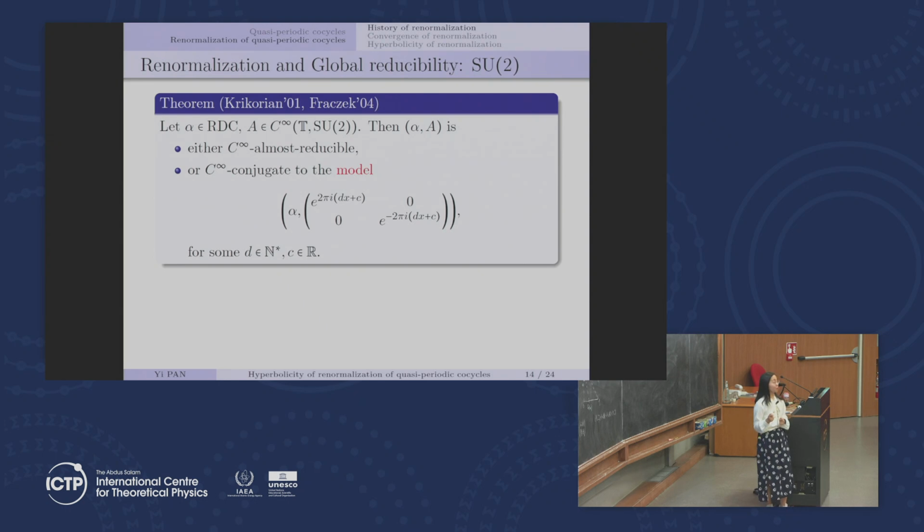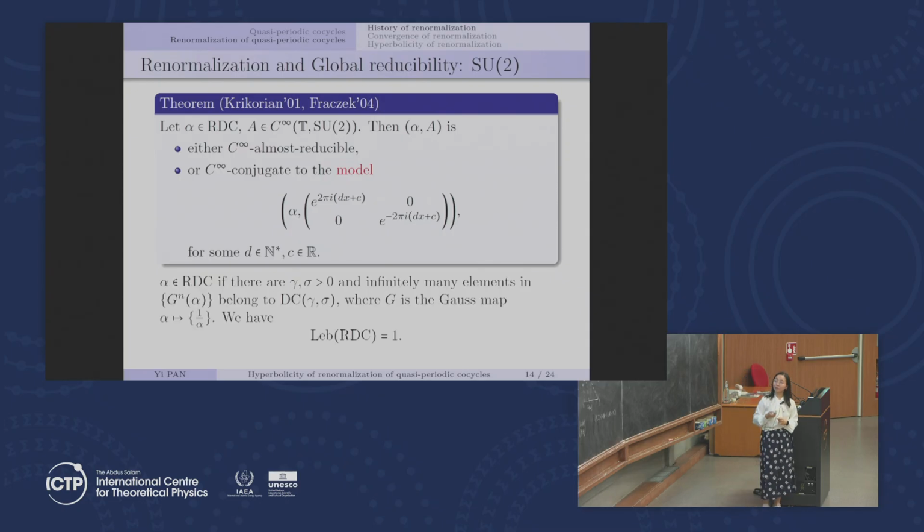Here d is always some integer and c is a real number. And what is RDC? The recurrent Diophantine condition requires that there are infinitely many elements in the orbit of the Gauss map that belong to the same class of Diophantine condition. And due to the ergodicity of the Gauss map, it has full Lebesgue measure.